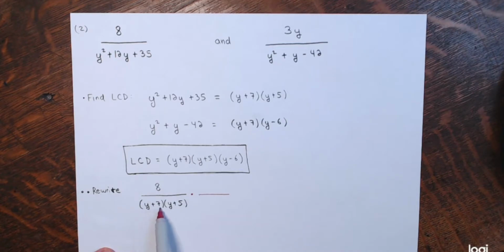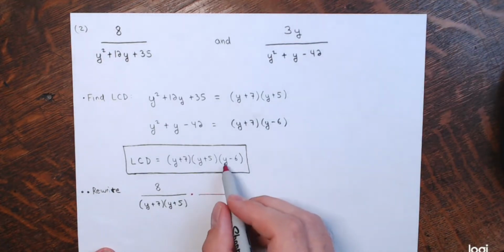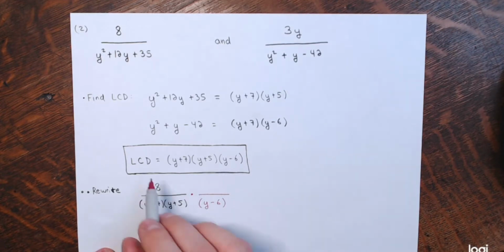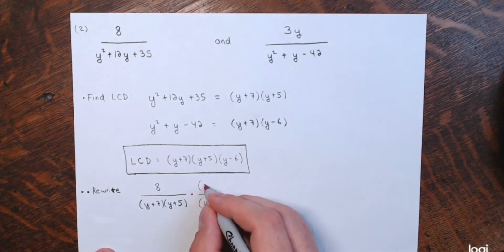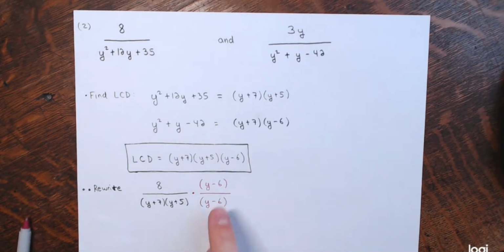You have a factor of y plus 7, that's in the LCD. You have y plus 5, that's also in the LCD. So the only thing that's missing is this factor of y minus 6. So I multiply the denominator by y minus 6, and that'll give me a denominator of the LCD. And I also multiply the numerator by the quantity y minus 6. Make sure you put in parentheses around these.